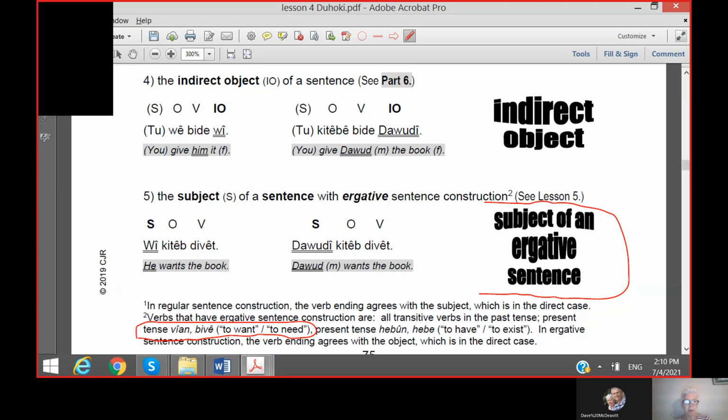What is the object of our sentence? He wants the book. The object is kitab, book. And our subject, which is in the oblique case, which is the focus of this lesson, is going to be oblique. I'm going to double circle that.